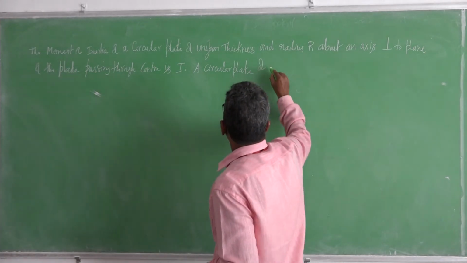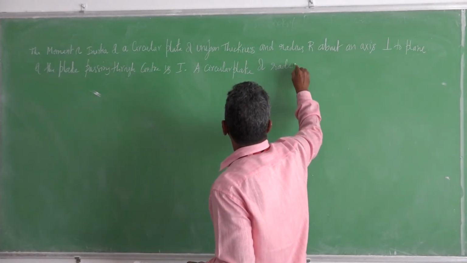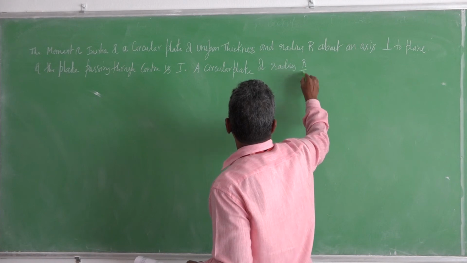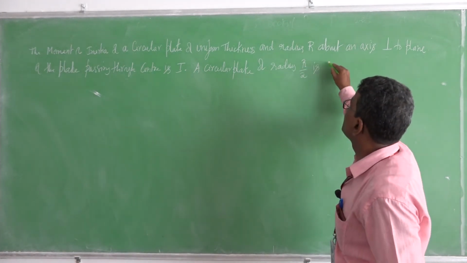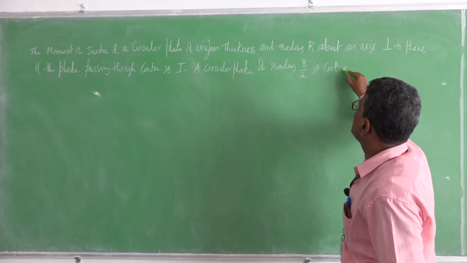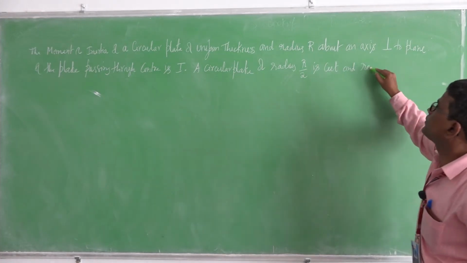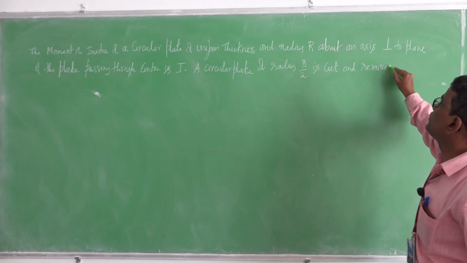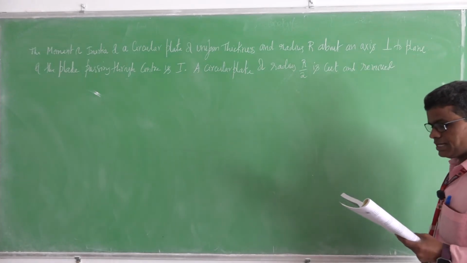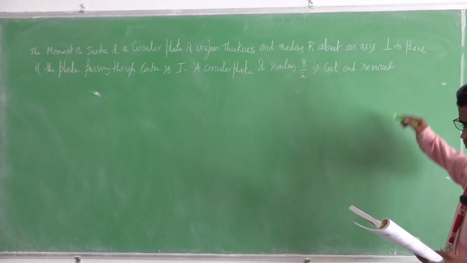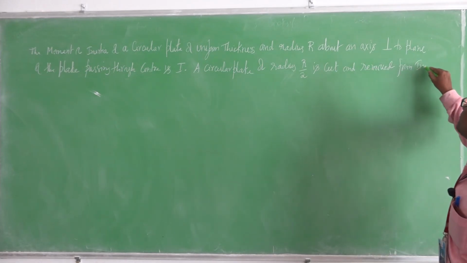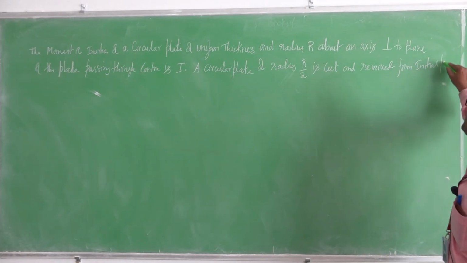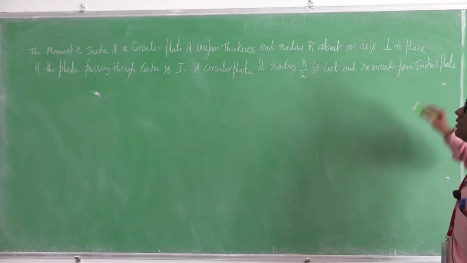A circular plate of radius r by 2 is cut and removed from the initial plate. Okay.